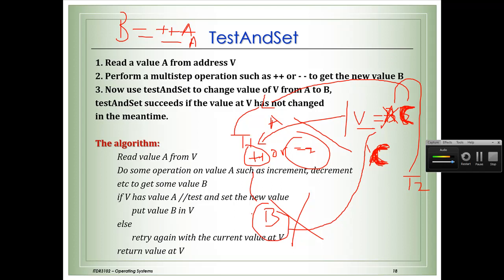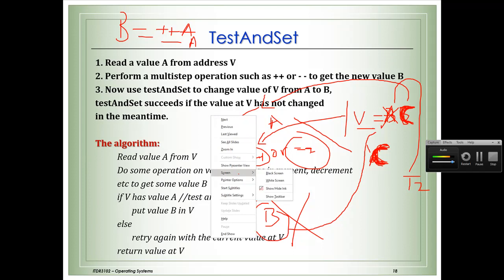The result B which T1 has calculated is not relevant to C. Actually it was relevant to A, but not to C. If T1 stores B in the location in place of C, then it would create a race condition. So in order to avoid the race condition, T1 discards its operation, reads the new value C and repeats the operation. Okay, so this is how the test and set method functions.